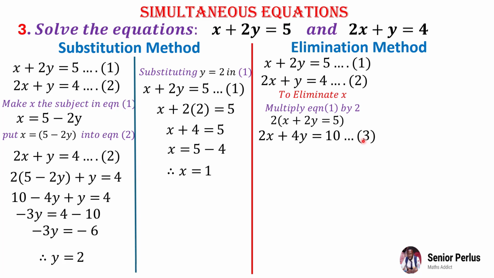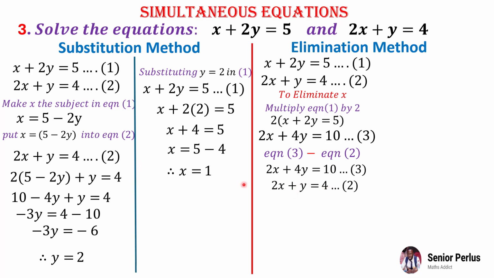That's our new equation, equation 3. Then now I have equation 3 and equation 2. So I'll just subtract equation 2 from equation 3. This is our equation 3, our new equation, then equation 2.